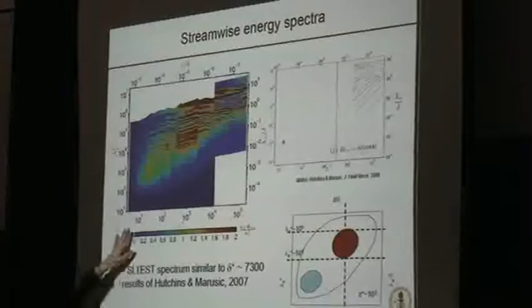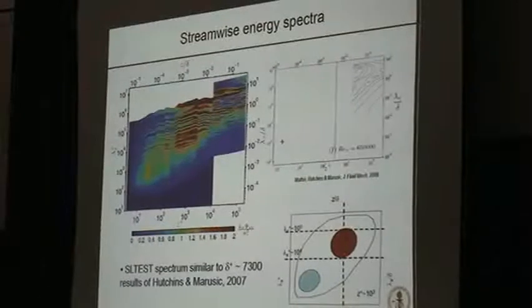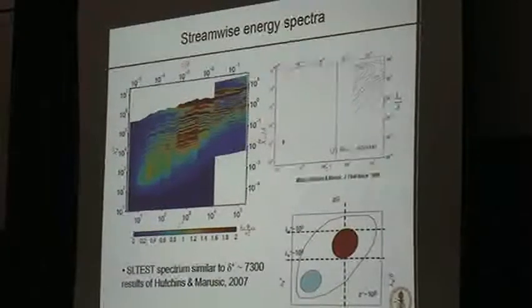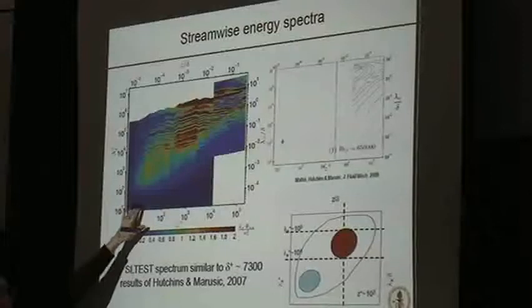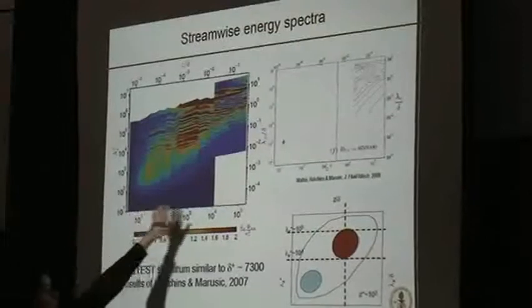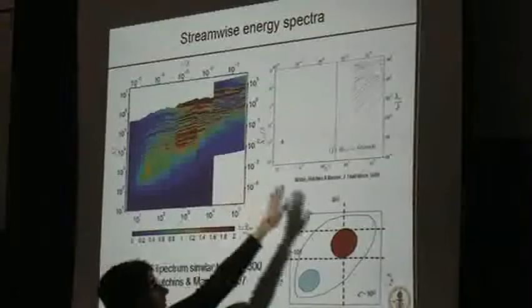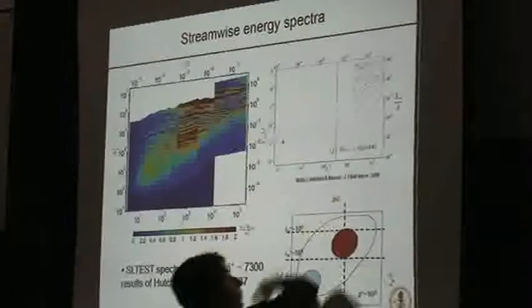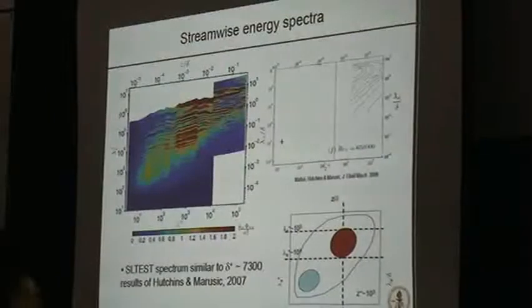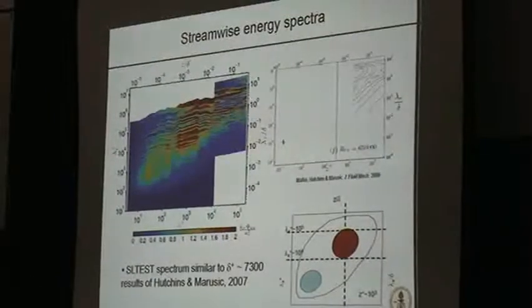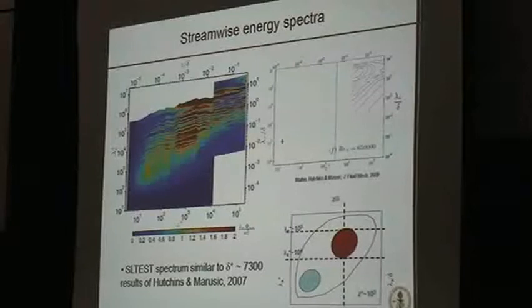You could make a similar plot from the surface layer results. And if you put the picture from the hot wire experiment I showed you, with the sonic data and the Hutchins and Marusic interpretation of the sonic data, you can see something similar at least.